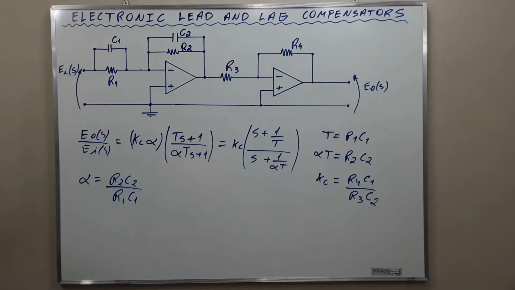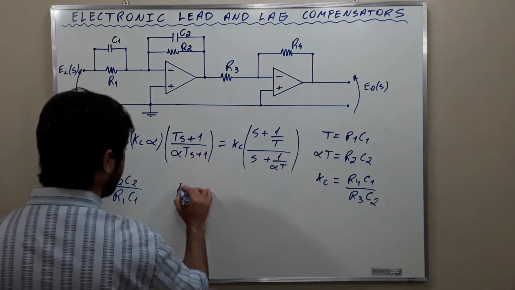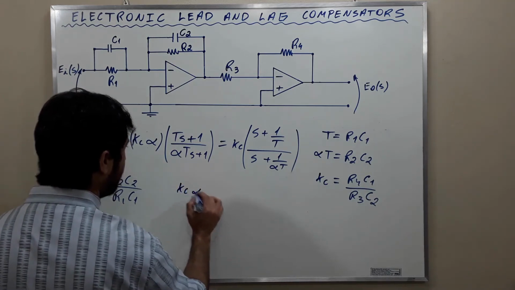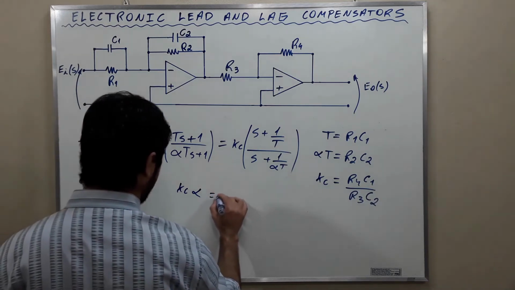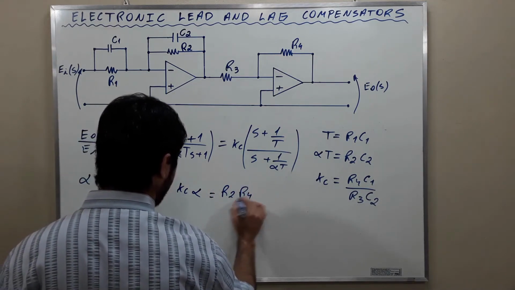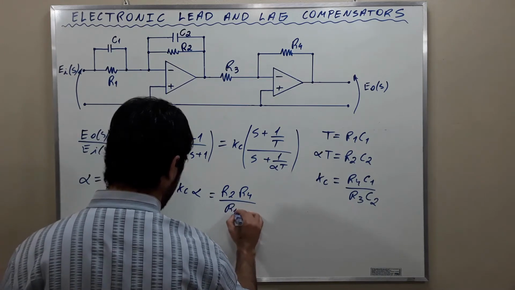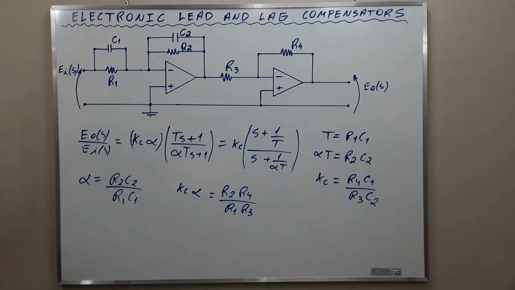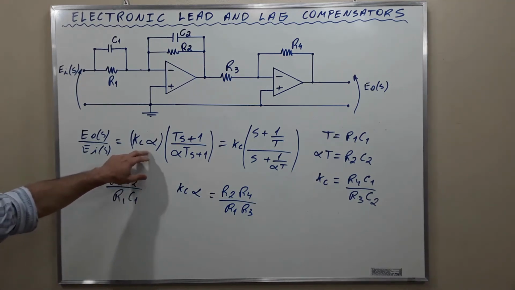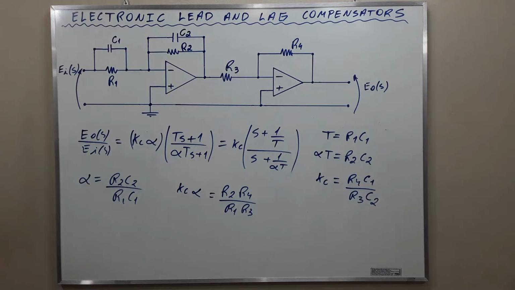And alpha is called the attenuation factor. Okay? And Kc times alpha, which is equal to R2 R4 divided by R1 R3, is the DC gain. Okay? This is the DC gain of the compensator.